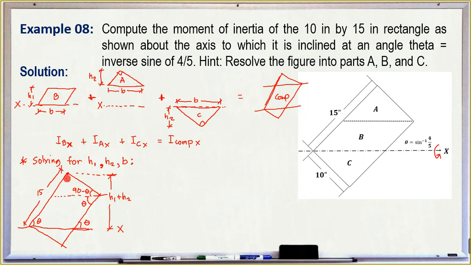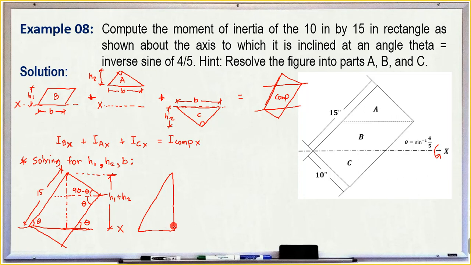Now, we can also project a vertical line from the topmost corner of this rectangle towards the x-axis. Now, if we're going to extract this triangle, we can create this geometric shape.